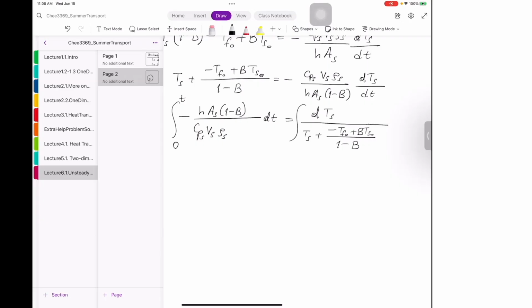When time is equal to 0, the Ts is equal to Ts0, the initial temperature. And when time is equal to t, let's call it Ts.